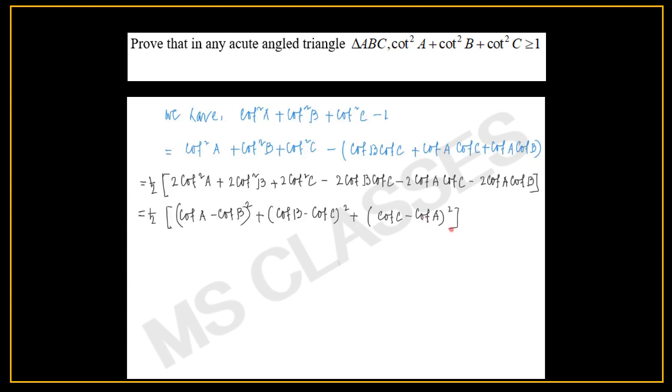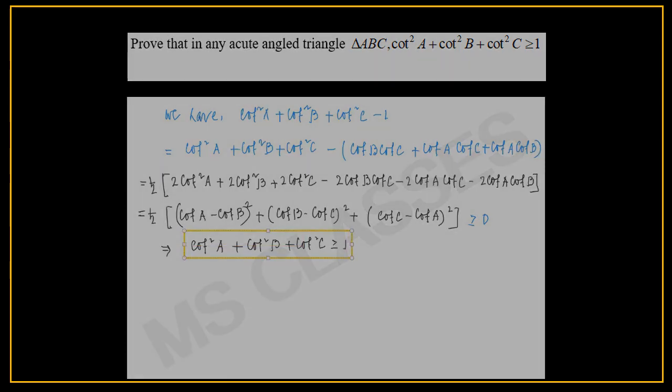So this must be greater than or equal to 0 as the sum of squares. And from this we can conclude that cot square A plus cot square B plus cot square C is greater than or equal to 1, which is what we need to prove.